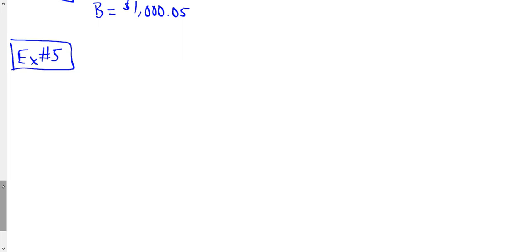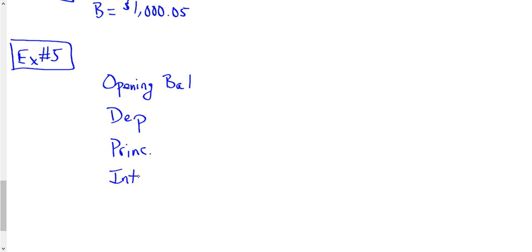So there's something else we have to factor in to our statement from the last section. Let's just make a little box here. So what we're gonna do is make a little chart. We're gonna do opening balance, and then any deposits, and then principal, and then we want interest, and then I want ending balance.